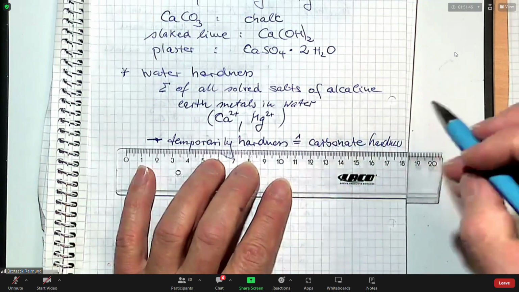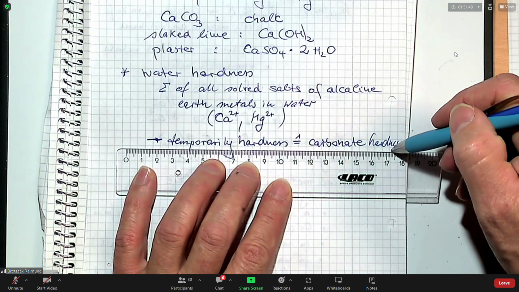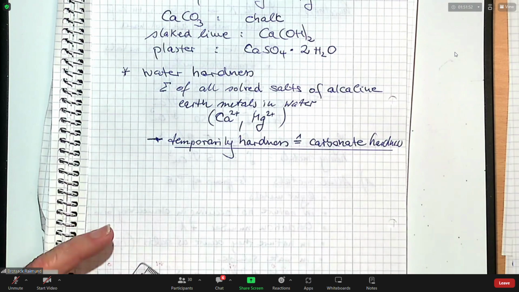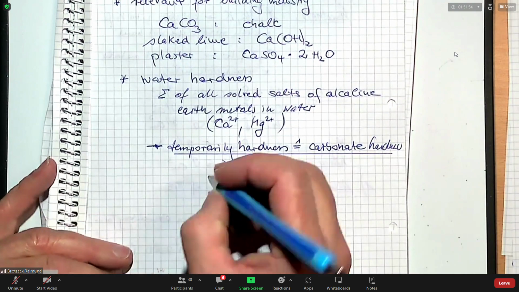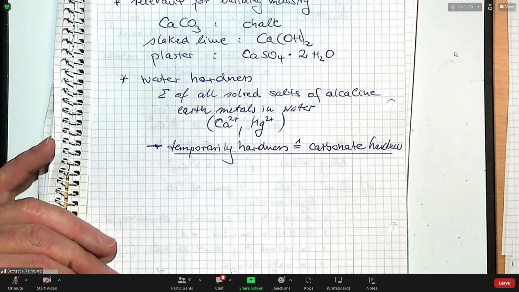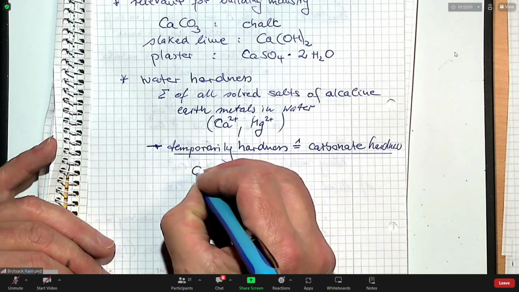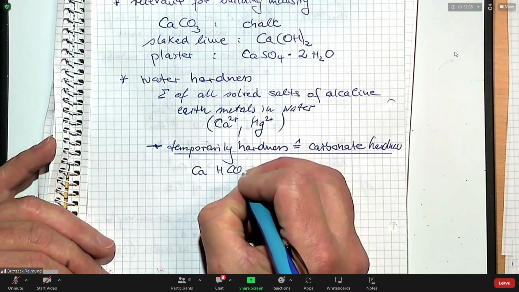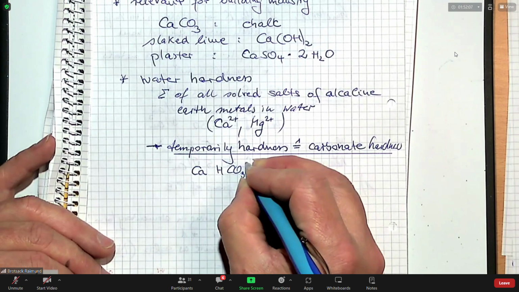The temporary hardness is the carbonate hardness. What happens? We have solved ions of these alkaline earth metals. Let's have a look at the calcium. And we have the hydrogen carbonate.